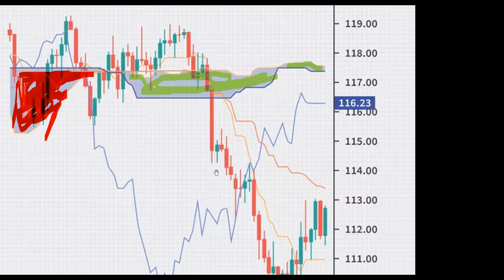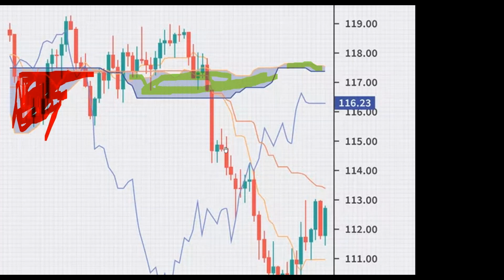The Ichimoku span is down here when we took our entry. So it was at 112. So target over here, entry over here, and stop loss at the cloud. Okay, or you can use trailing stop loss. That could have been tighter.